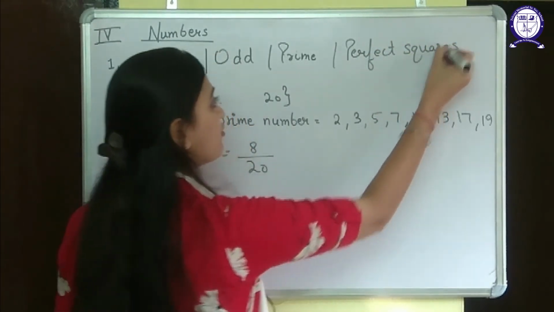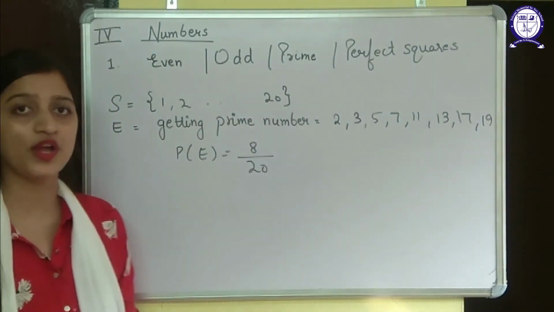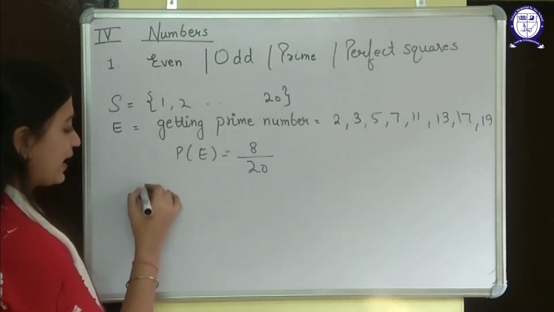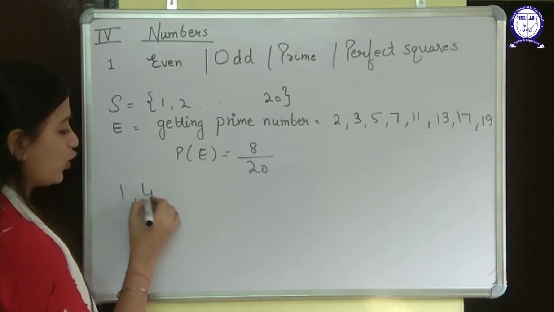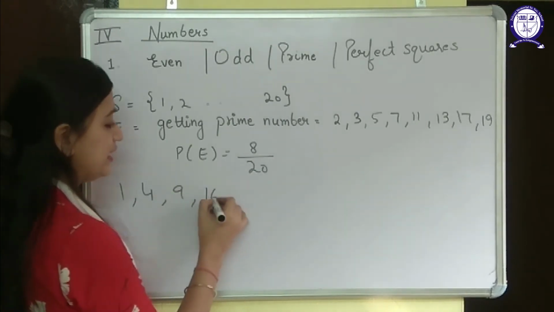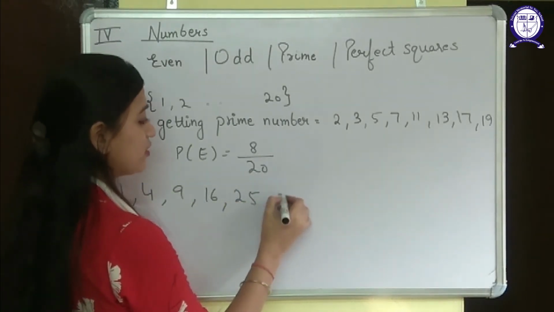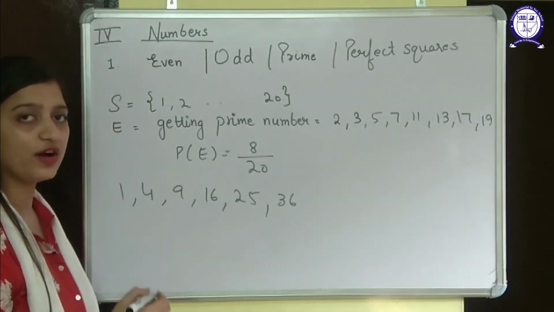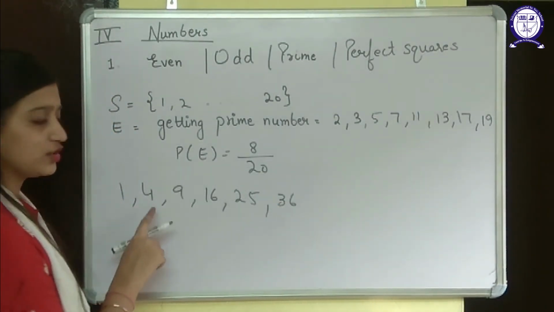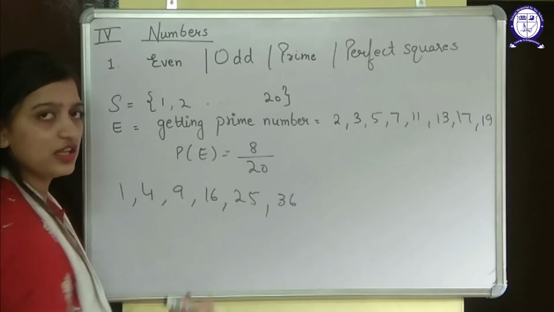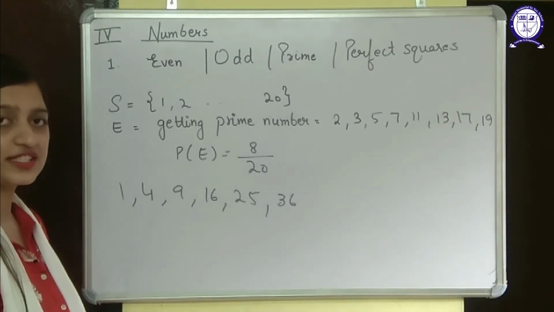Now what are perfect squares? The numbers which are squares of some numbers, like 1, 4, 9, 16, 25, 36. These are all perfect squares. They are the squares of 1, 2, 3, 4, 5, 6. So these are very general questions which can be asked.